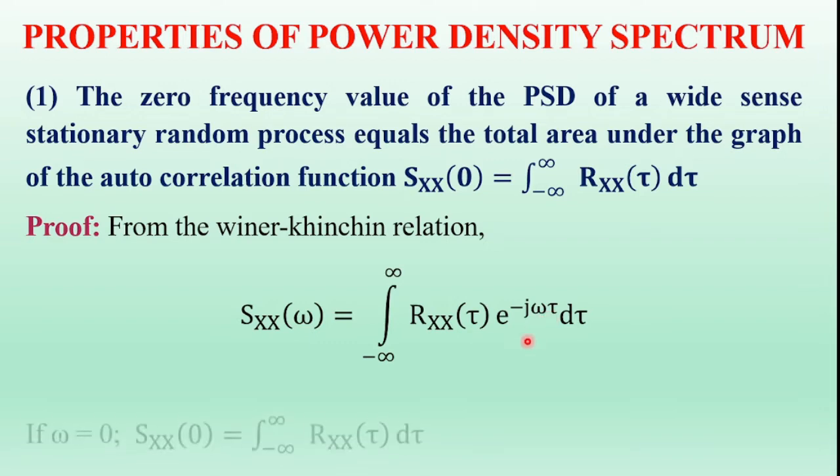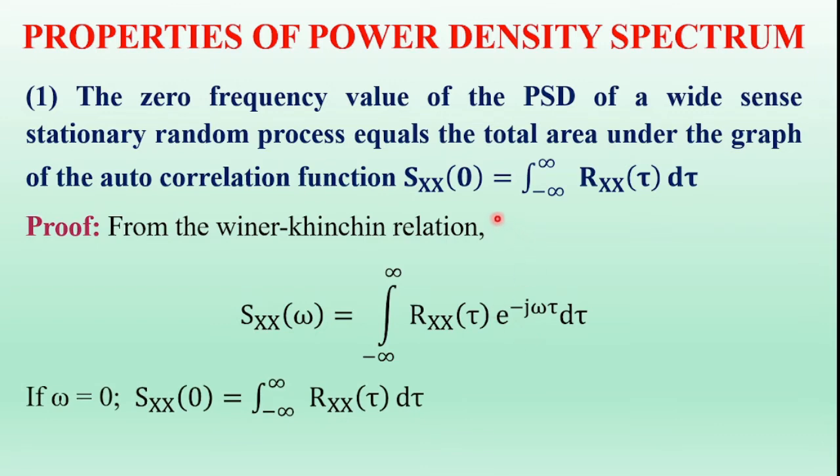Sorry, not tau is equal to 0, omega is equal to 0. Substitute omega is equal to 0, then Sxx of 0 is equal to integral minus infinity to infinity Rxx of tau d tau. This is the first property.